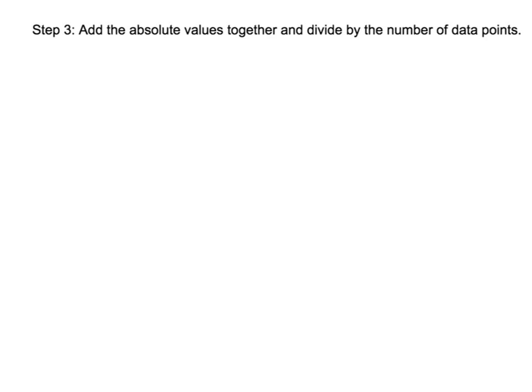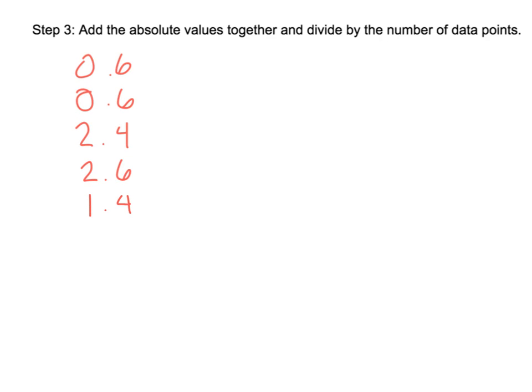All right, and our last step is to add the absolute values together and then divide by the number of data points. So to do this, we're going to need to add all of our absolute values together. So that's 0.6. There's another 0.6. We had 2.4, 2.6, and a 1.4.